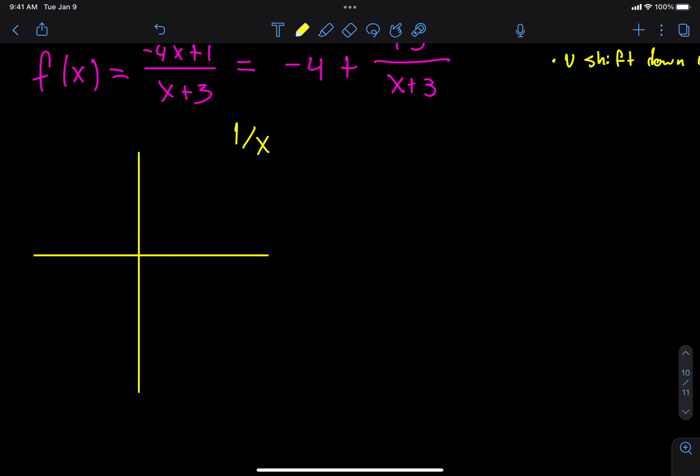So this is one of the ones we should definitely memorize. Okay, so 1 over x, it has a vertical asymptote when x is equal to what?